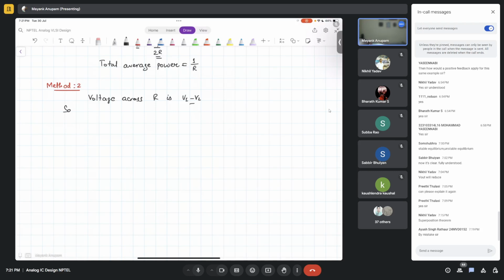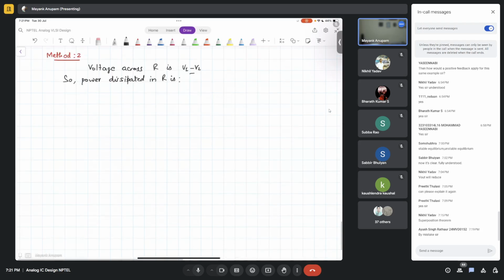So the power dissipated in R is what? V1 minus V2 the whole square divided by R, average. I'm talking about average power. What will that be?